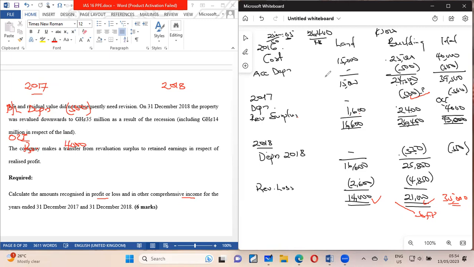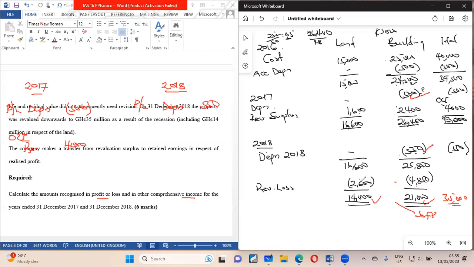Depreciation before and depreciation after revaluation is what will be affecting 2018. So 2018 P&L, yes, we all know that there is depreciation of how much? 550, which is going to P&L. Then there is a revaluation loss over here in 2018.